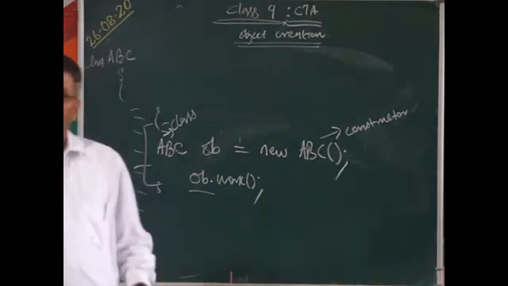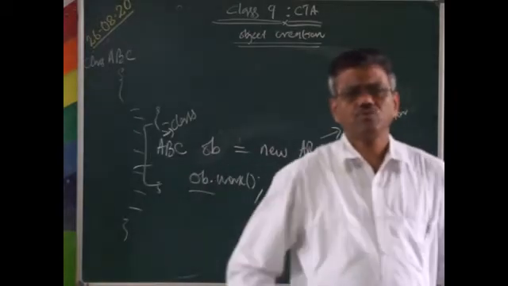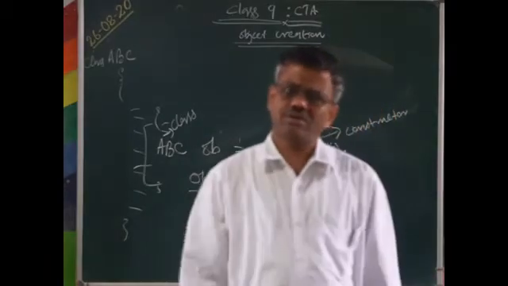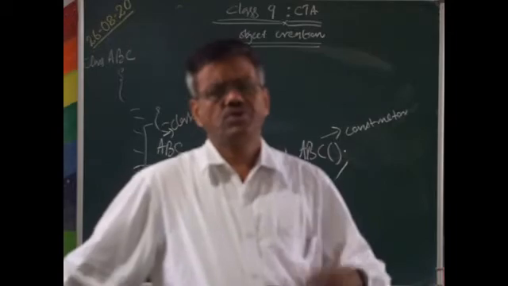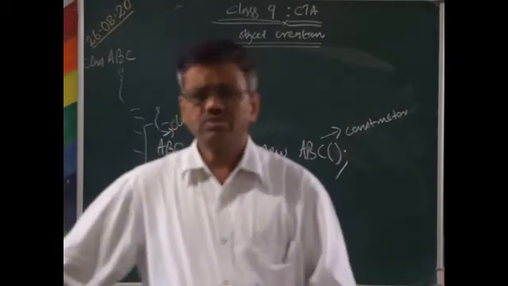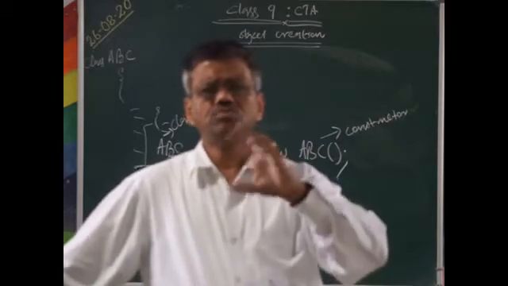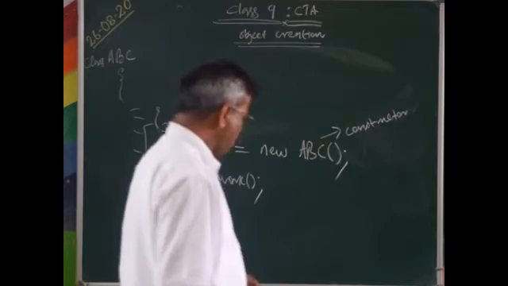Let's go. I am going to do a small program with the help of creating an object. I want to convert today's temperature from Celsius into Fahrenheit. I will do two different methods in one class with the help of an object.